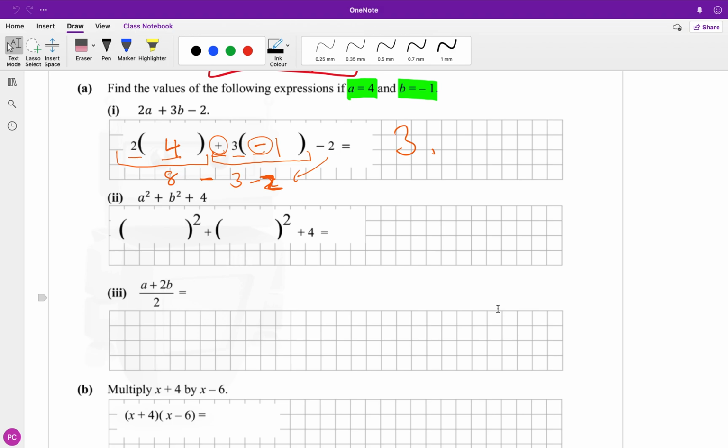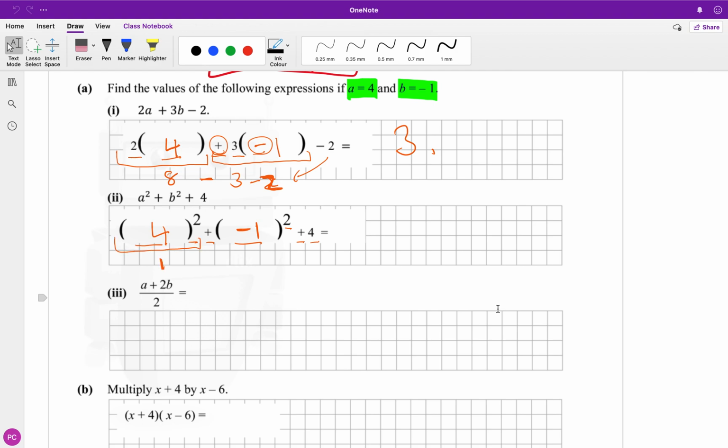That's our answer. Subbing in again, using the same green numbers there. A is 4 and B is minus 1. So we're going to put 4 in here and minus 1 in here. So A squared plus B squared plus 4. So we're subbing the numbers in. Okay, so this part here, 4 squared is 4 by 4.